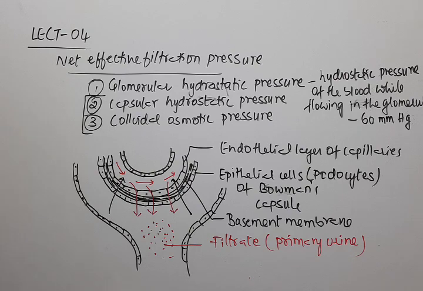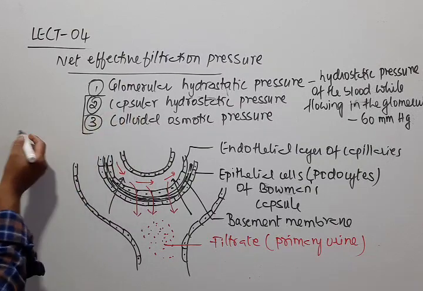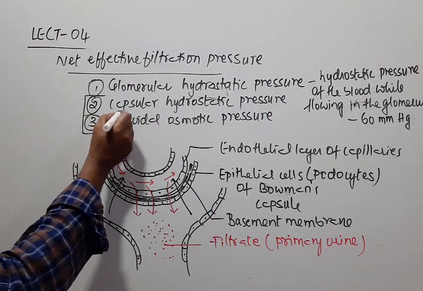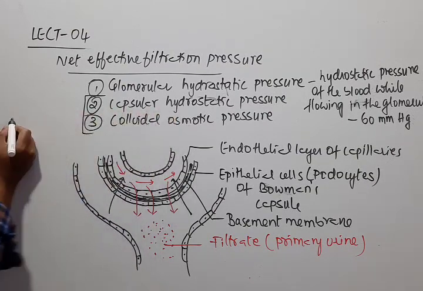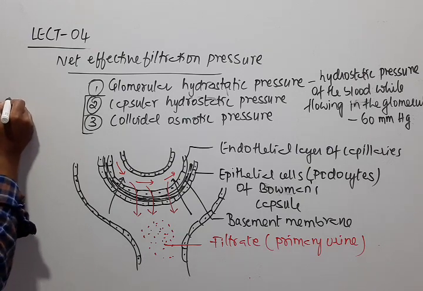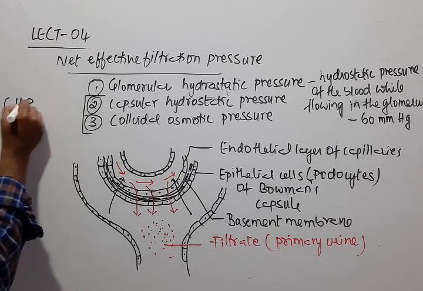So first we'll see what actually is this capsular hydrostatic pressure. The capsular hydrostatic pressure is developed by the fluid in the Bowman's capsule and also in the renal tubule, that is in the proximal convoluted tubule. I'll write this here. This capsular hydrostatic pressure, we can also call it by the short form CHP.